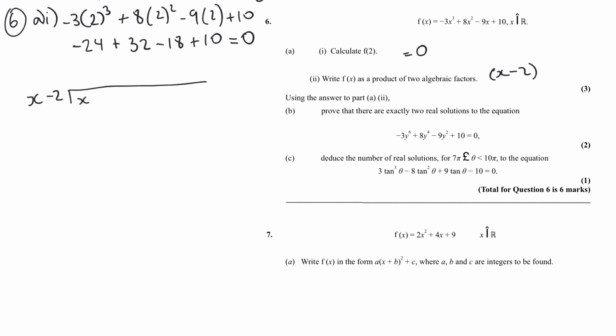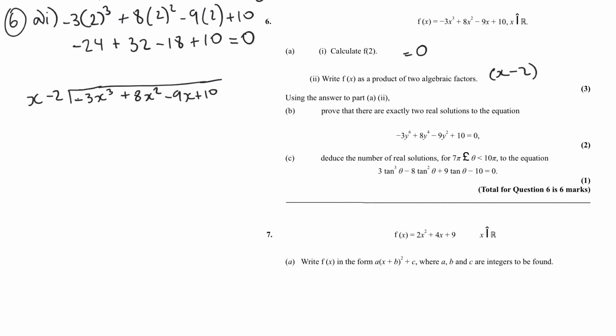So it's minus 3x cubed plus 8x squared minus 9x plus 10.